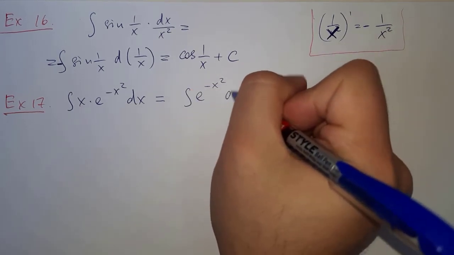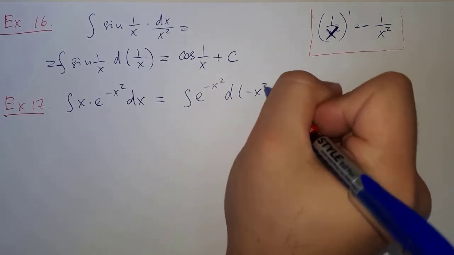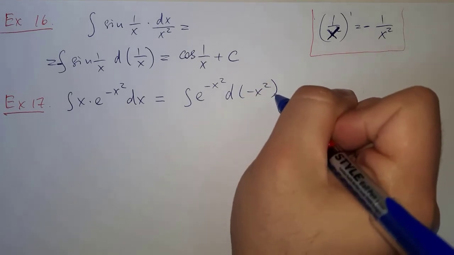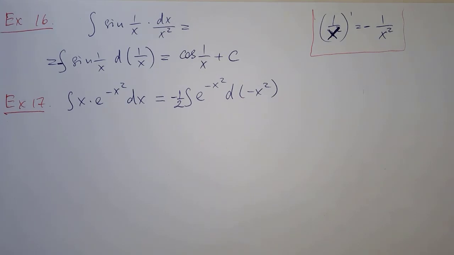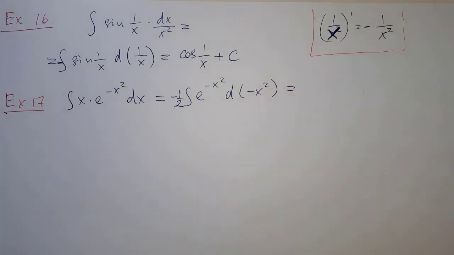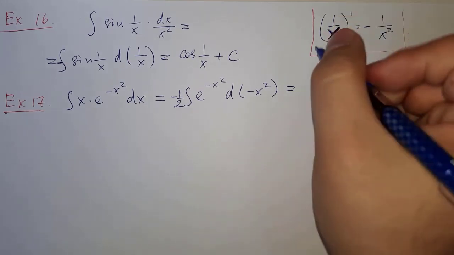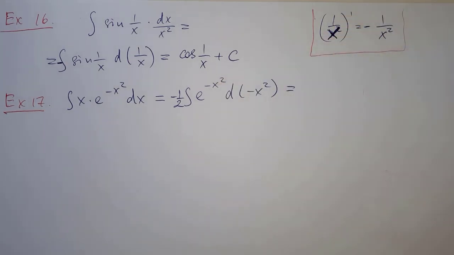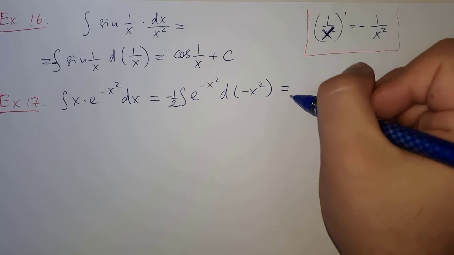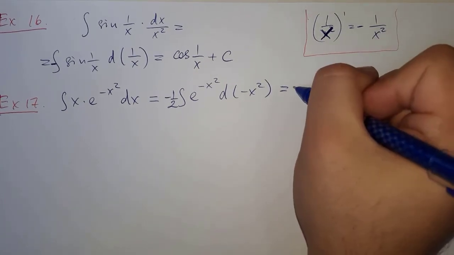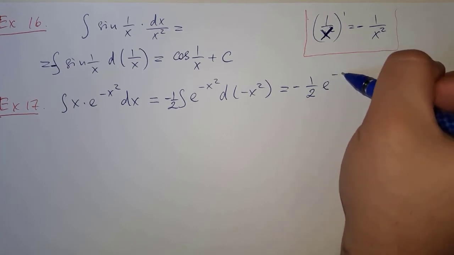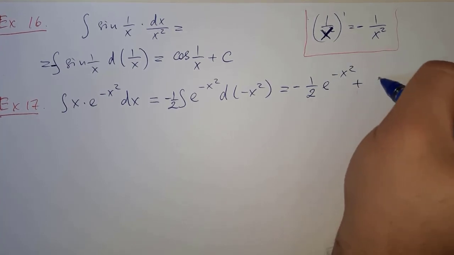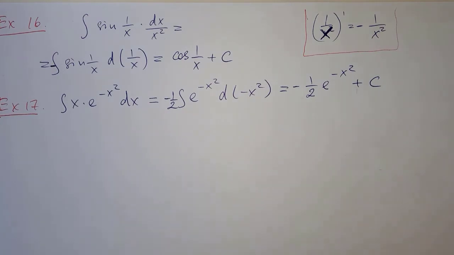So d of minus x squared, and the derivative of this one is minus 2x. That's why we need to multiply by minus 1 over 2 here. And now we have just the integral of e to the power of x, but our x now is minus x squared. So the answer is minus 1 over 2 e to the power minus x squared plus c. This is the answer.